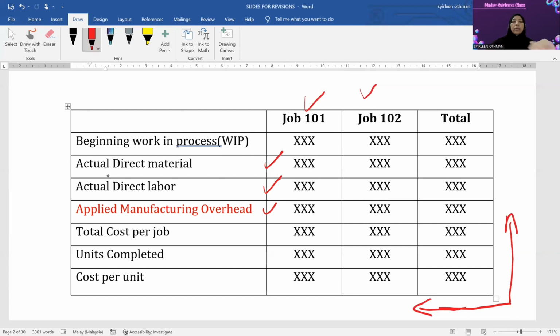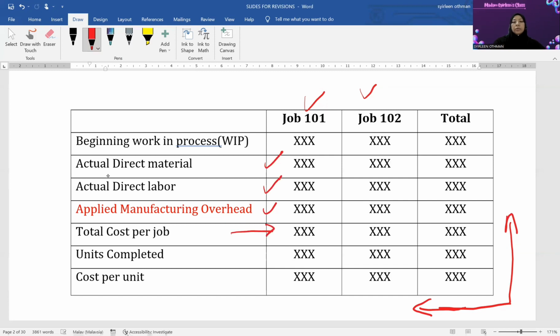If your POR is using direct labor hours, once you get the amount for your POR, to get your applied manufacturing overhead, I will multiply the POR with the actual direct labor hours, for example, or whatever basis is given in the question. So we will get the total cost per job.